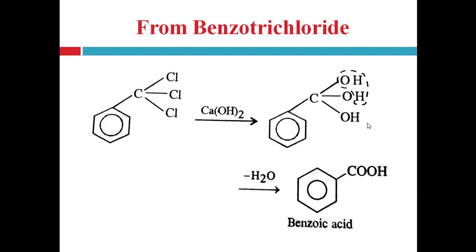So it is converted into benzoic acid. So benzotrichloride can be converted into benzoic acid by using calcium hydroxide and iron as catalyst. First it converts into the unstable benzotrihydroxide molecule, and it is readily converted into benzoic acid by loss of one water molecule.